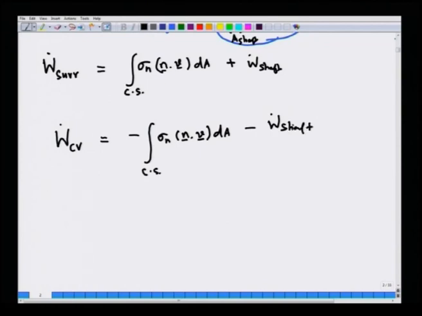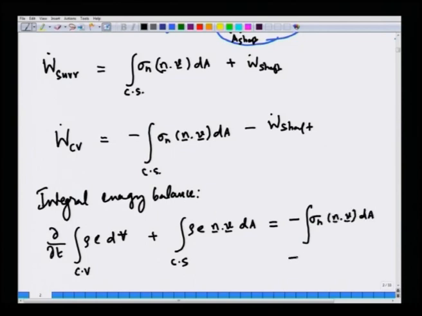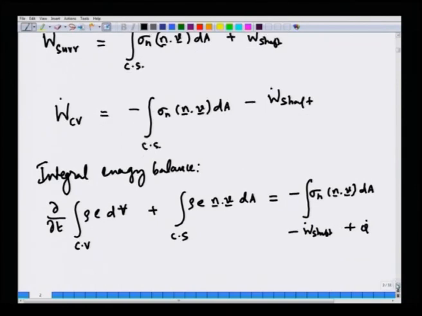Therefore, the integral energy balance becomes d/dt of the integral of rho e dV over the control volume, plus the integral over the control surface of rho e n dot V dA, is equal to minus integral of sigma n dot V dA minus W shaft plus Q dot.